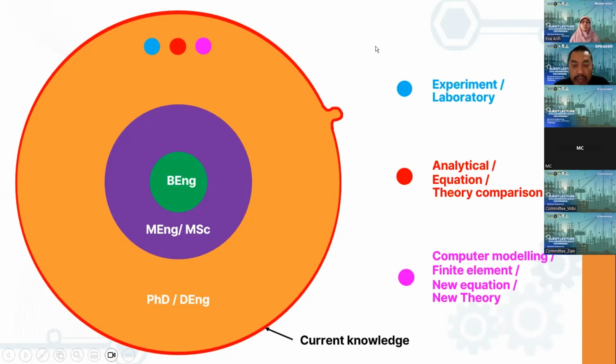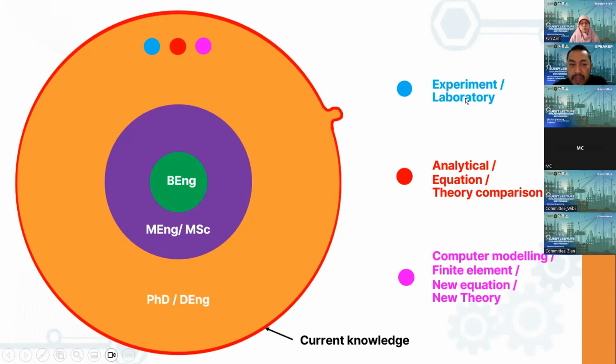And also when we are working in structural engineering research, there are 3 things I would like to remind you to remember. The blue one: experimental or laboratory work, meaning that you can test this thing in the lab or even in a field test.